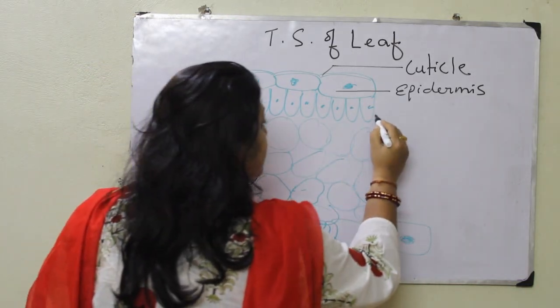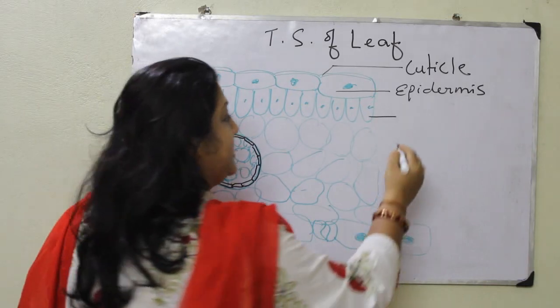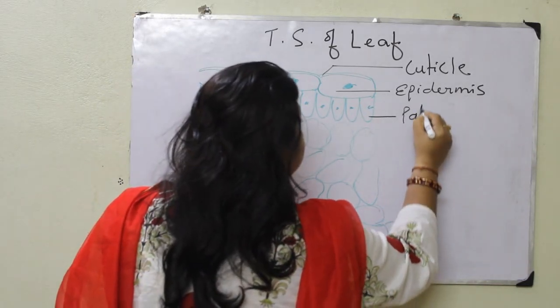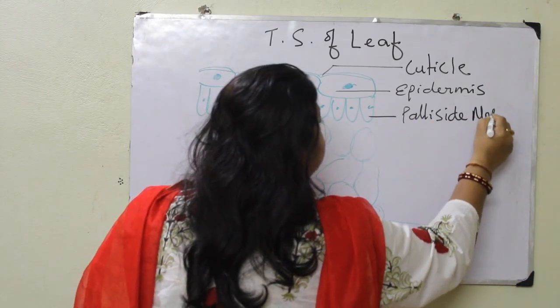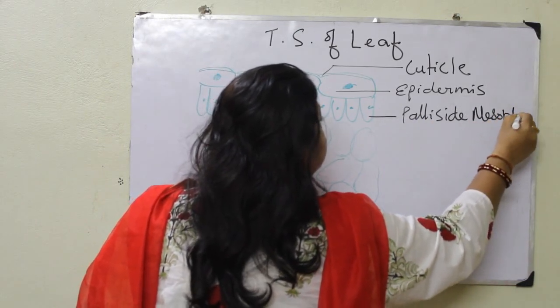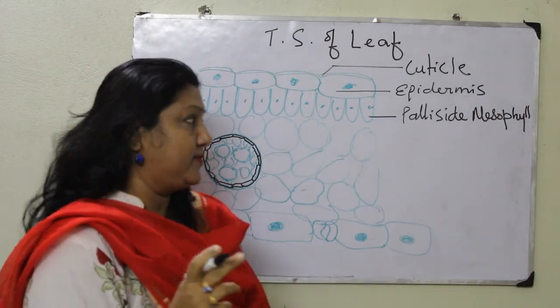So these are special mesophyll cells, which are parenchymatous in nature. They are called the palisade mesophyll.